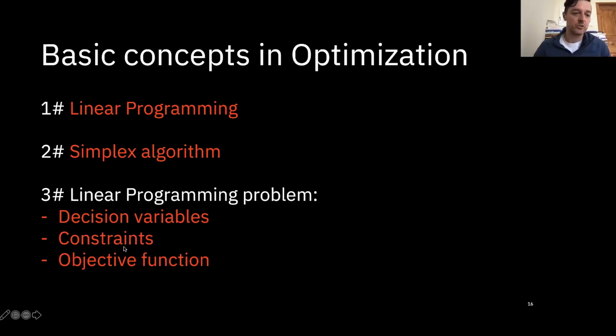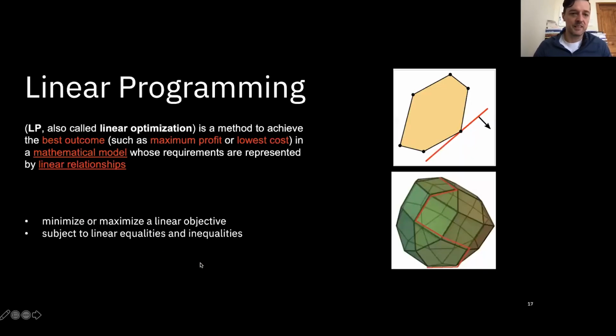Then there are constraints, like your worker cannot work 24/7. And then there's the objective function, like minimize the cost. So linear programming is a method to achieve the best outcome, and it is also a mathematical model. But fear not, I promise not to go in too deeply.